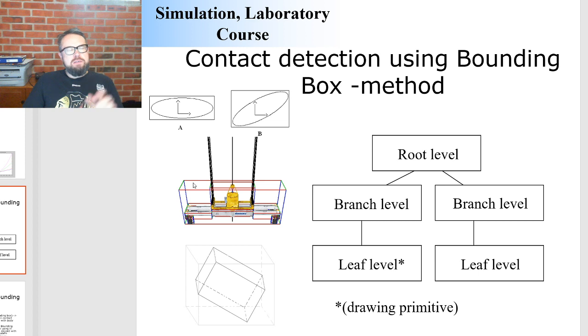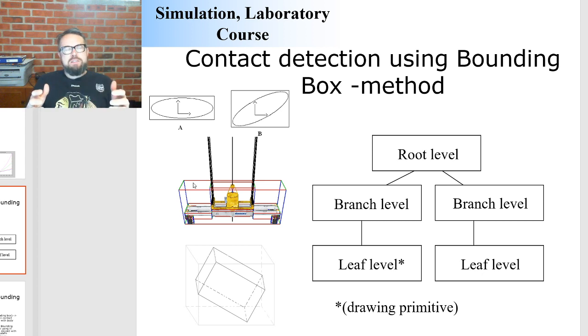And then there are similar, or even bigger, big boxes that are put in the modeling world in such a way that the entire ship could be within the box. Then it's about comparing whether or not these root level boxes are colliding.